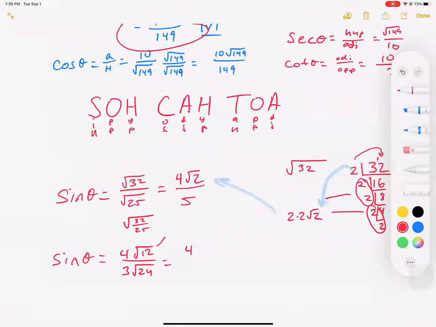If you guys want to do this in your head, what square root do you see in the number 12? 12 is 4 times 3. The square root of 4 is 2, but I can't take a square root of 3. On the bottom, 4 is in 24, right? So the square root of 4 is 2 left over 6.